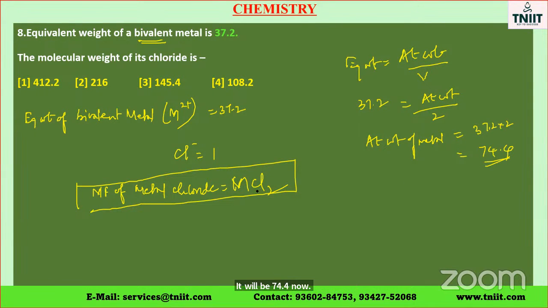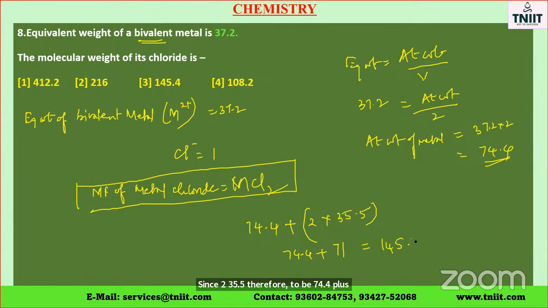Now, since they're talking about the metal chloride, it is 74.4 plus 2 into 35.5. Chlorine atomic mass is 35.5, and since there are 2 chlorine atoms, it is 2 into 35.5. Therefore, it will be 74.4 plus 71, which is 145.4. Therefore, the answer for this question is option 3.